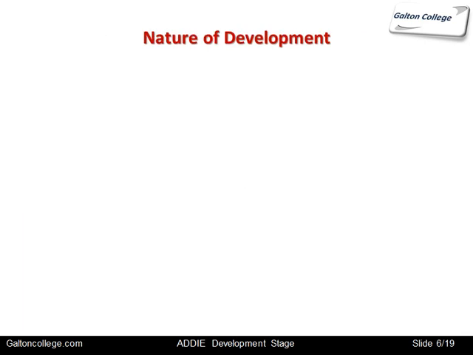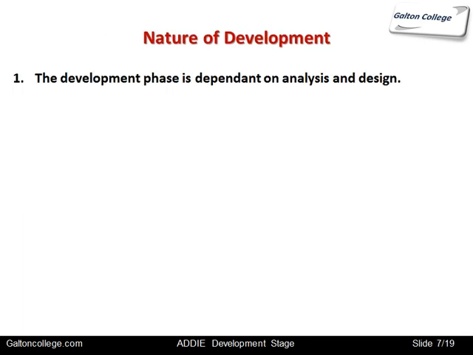So the nature of development, well, the development phase is dependent on analysis and design. So it must come at this level. It must be part 3. The analysis stage is designing the objectives and thinking about the objectives of the course.